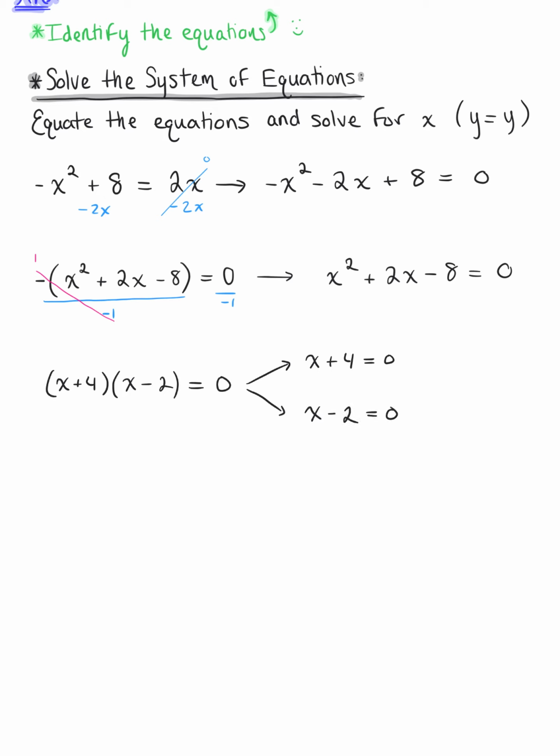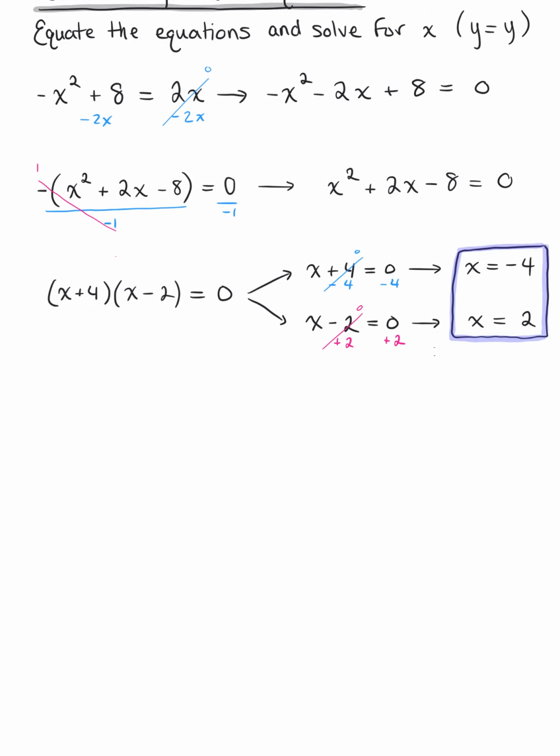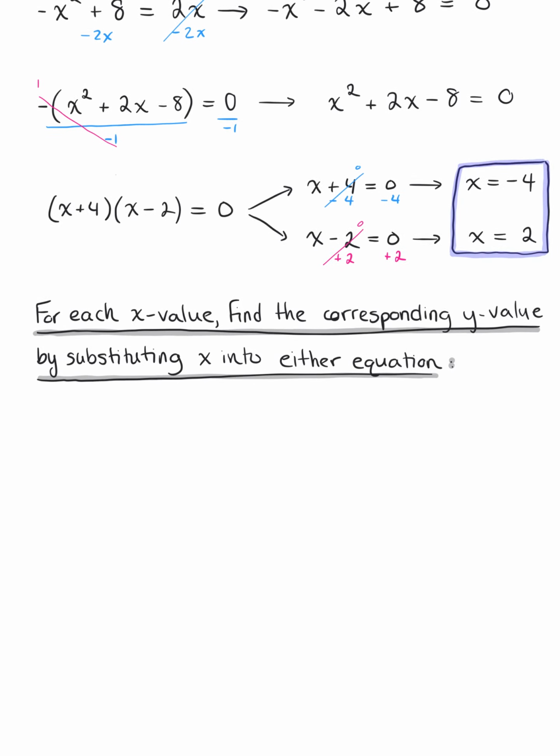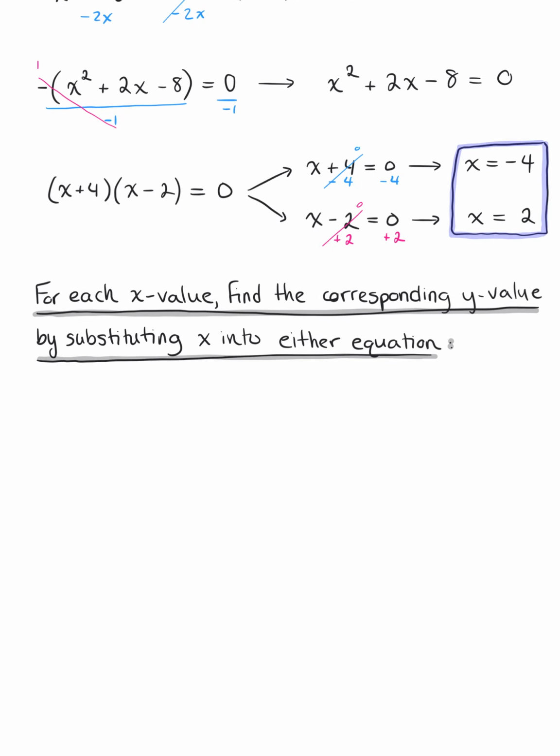So in the first case, if we subtract 4 from both sides, we see that x is equal to negative 4. And then in case number 2, if we add 2 to both sides, we're left with x is equal to 2. So now that we have each of these x values, we are ready to find the corresponding y value by substituting x into either equation.